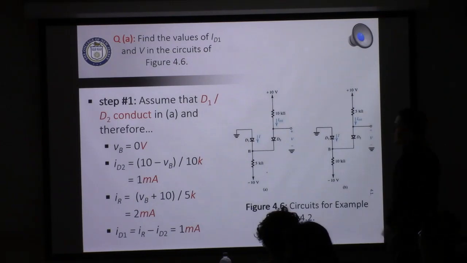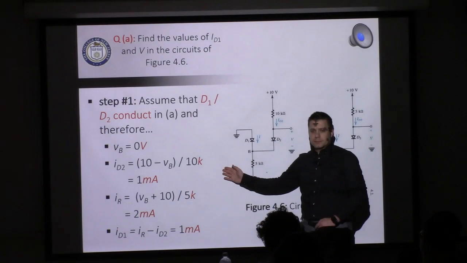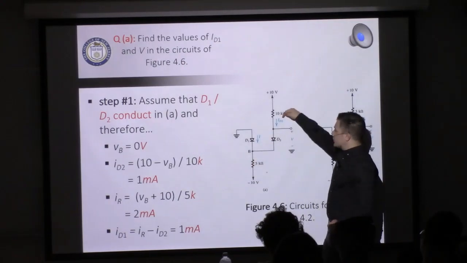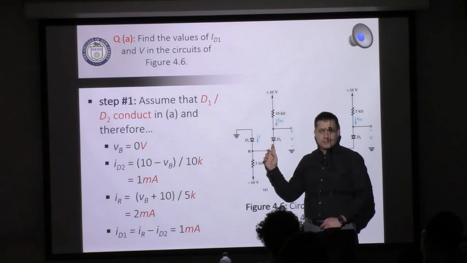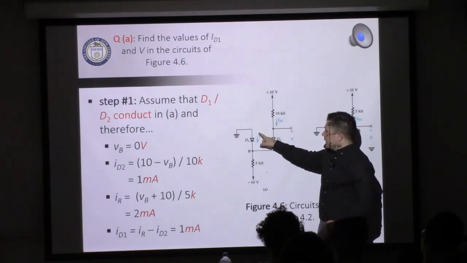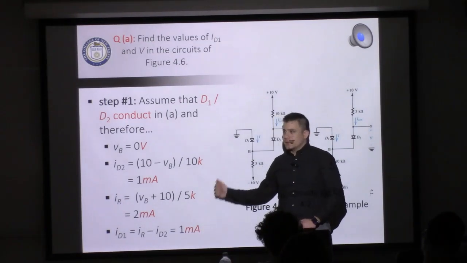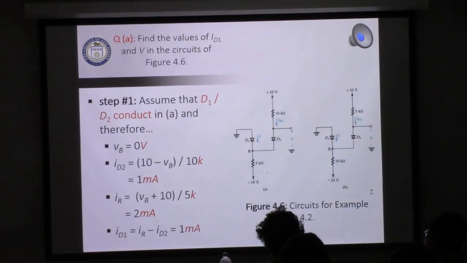Is the current ID2 flowing in the right direction? The reference direction is down and the value is positive, which means yes. The reference direction for this one is down and the value is also positive, so again, yes. So that's coherent, so we're done. That's the answer for part A.